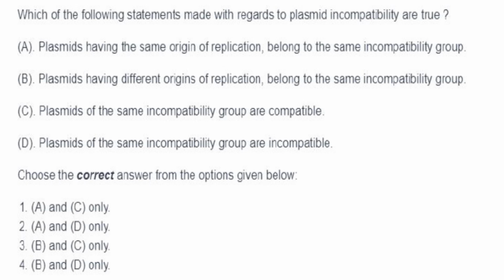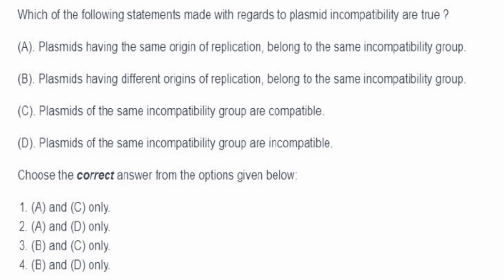Now, when does this plasmid incompatibility occur? That is, when both the plasmids have the same origin of replication, have similar replication control mechanisms, and they utilize the same replication resources. Such plasmids are incompatible.